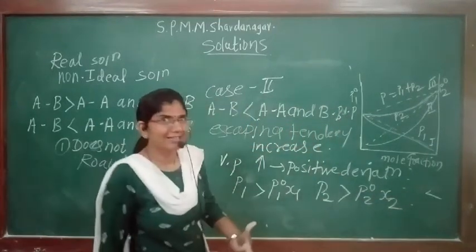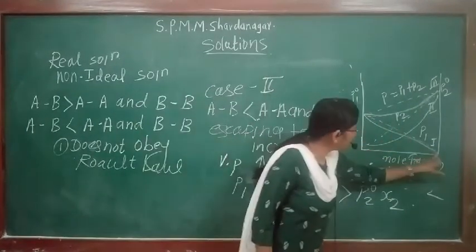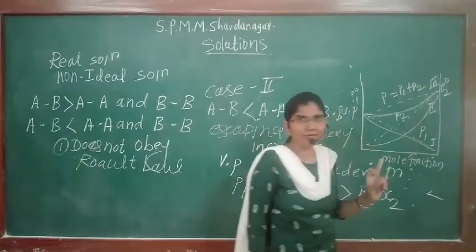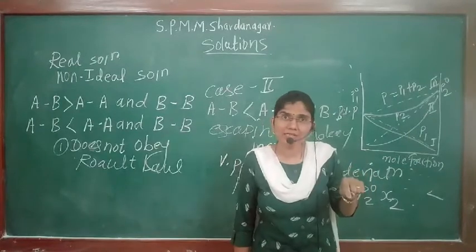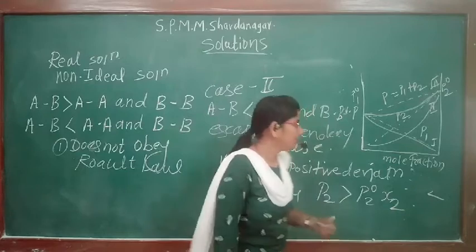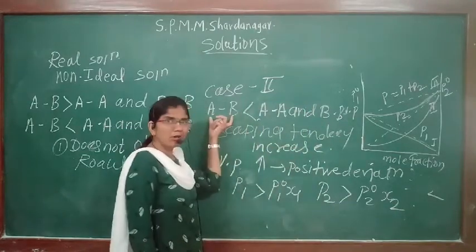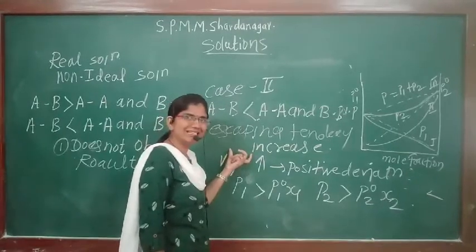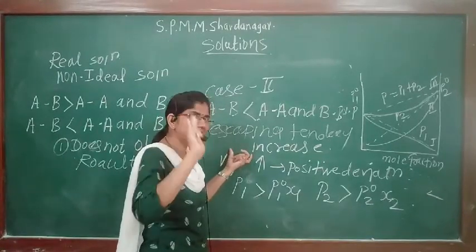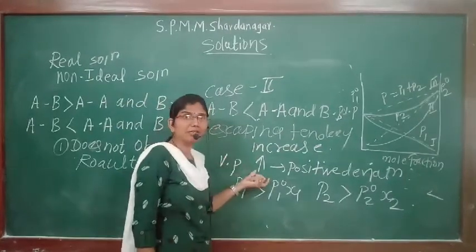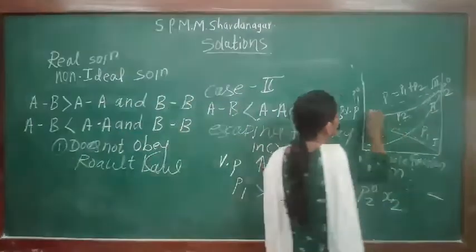Suppose this dotted line is the ideal solution graph; the other shows the negative deviation. Why does it show the negative deviation? Because the vapor pressure decreases. But if the bond is weak, then the escaping tendency increases, it readily goes into the vapor state, and therefore the vapor pressure increases, and it shows such deviation of the law.